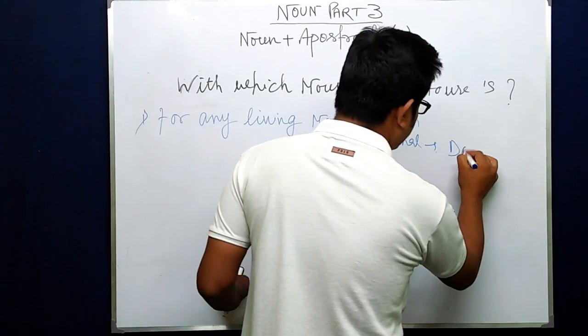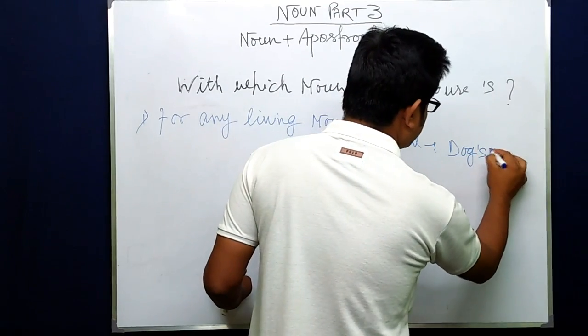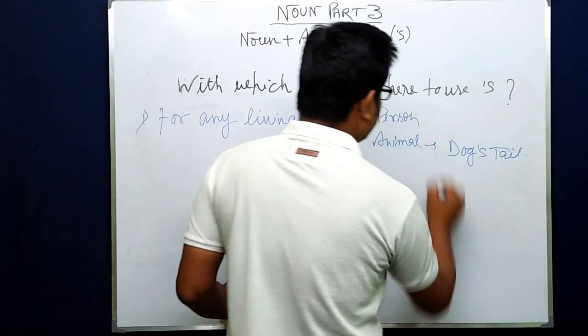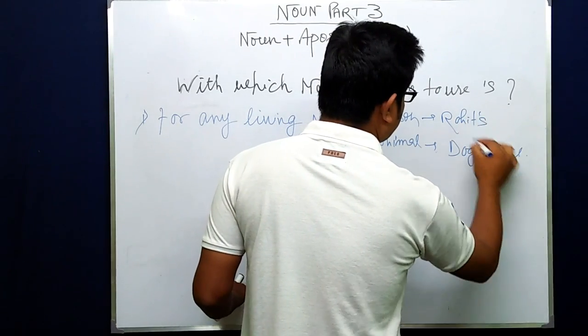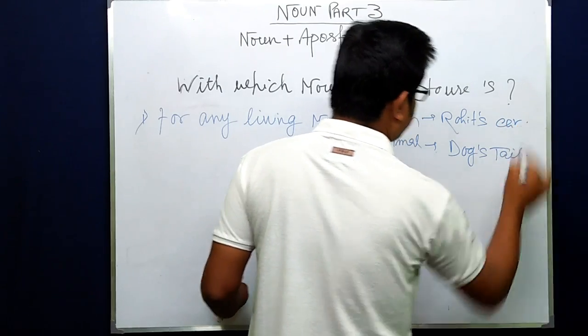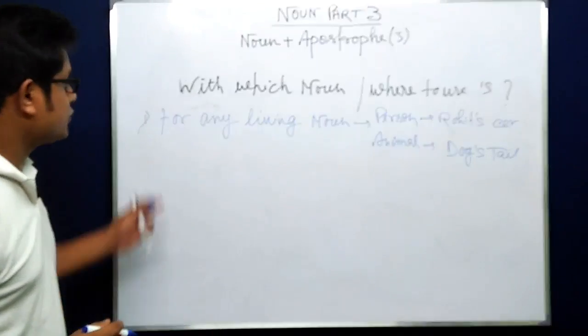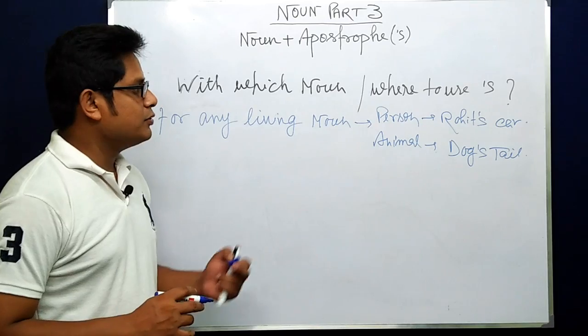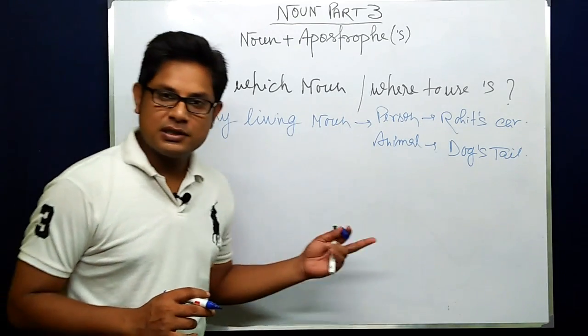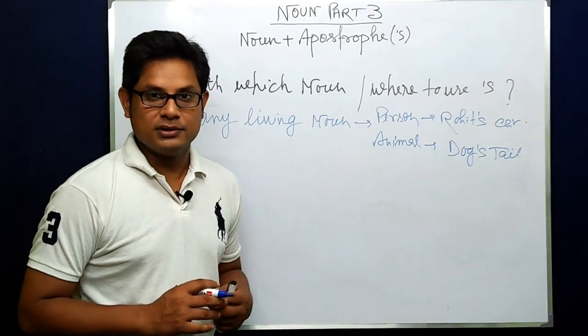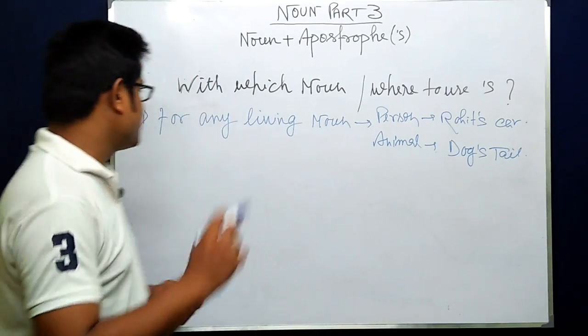So dog's tail or Rohit's car. So for any living noun, you can use apostrophe s with that particular noun. It could be any person or any animal.